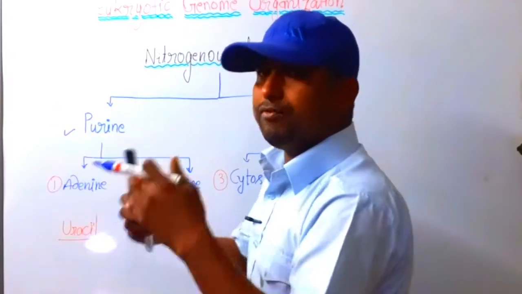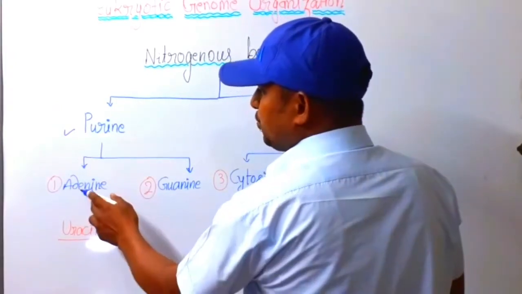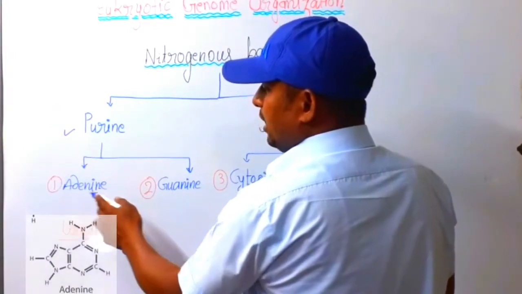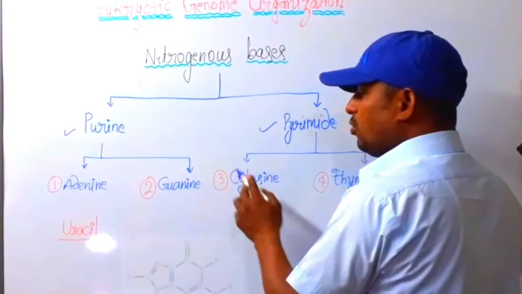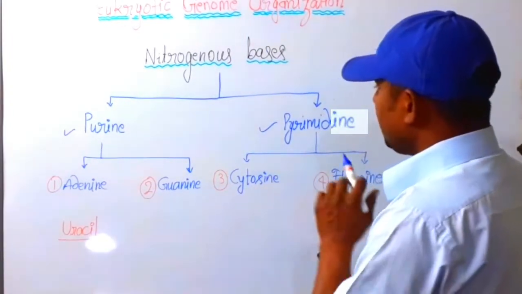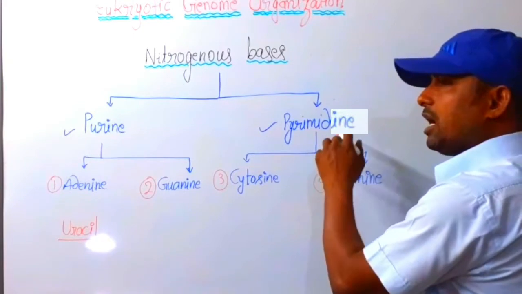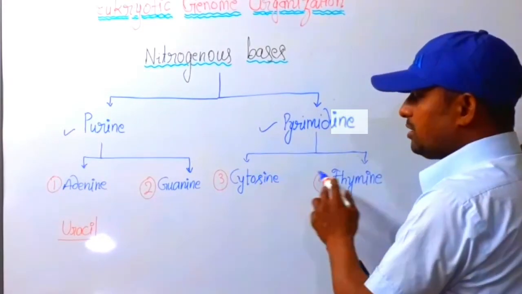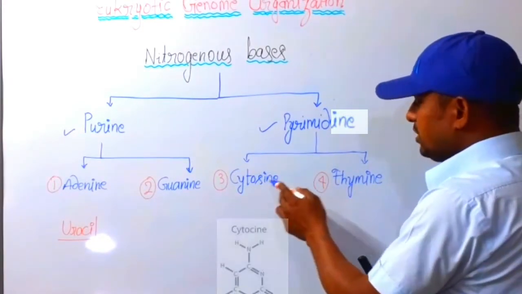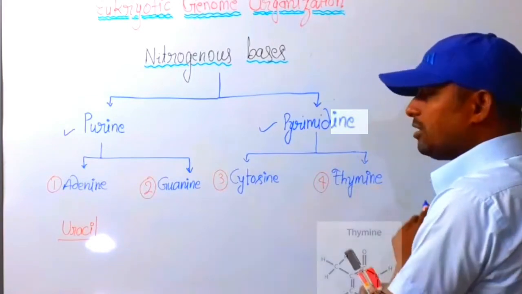Purine is further divided into two parts called adenine and guanine. And pyrimidine is also divided into two parts, cytosine and thymine.